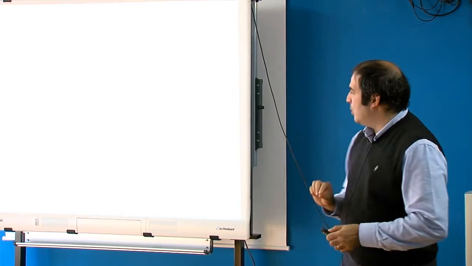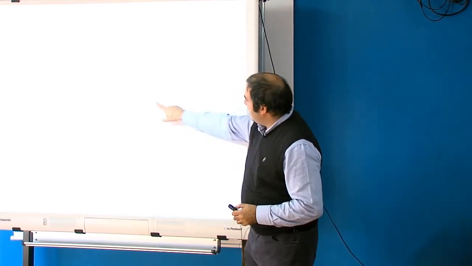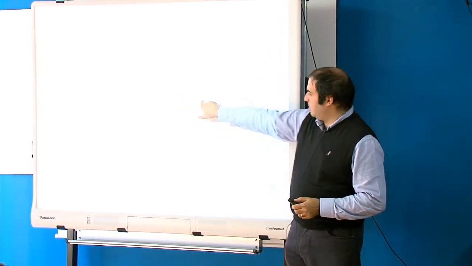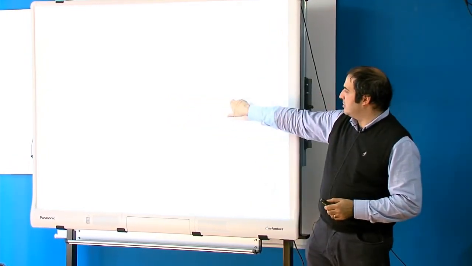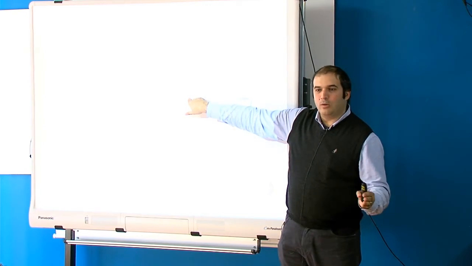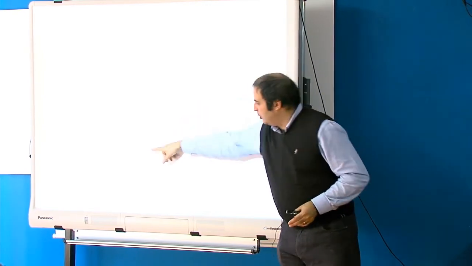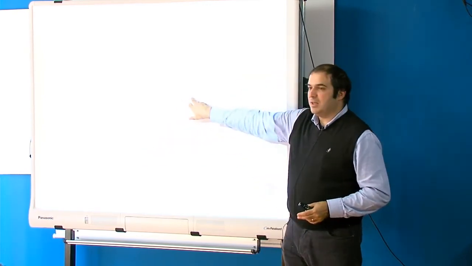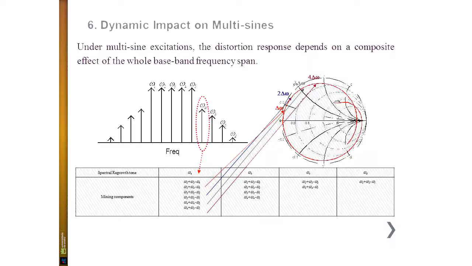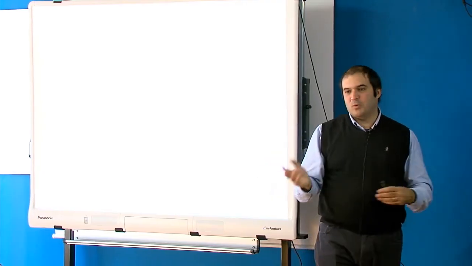You see, in one case the point was on this line, a real point with no information about the phase, and all mixings were falling here. On the other side, the mixings were falling around the Smith chart, and you see that the distortion is completely different from one side to the other.